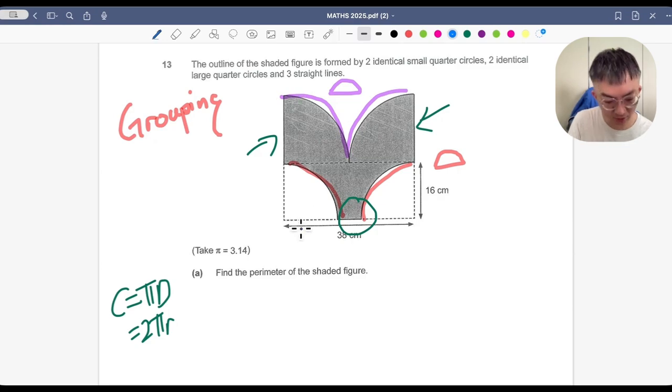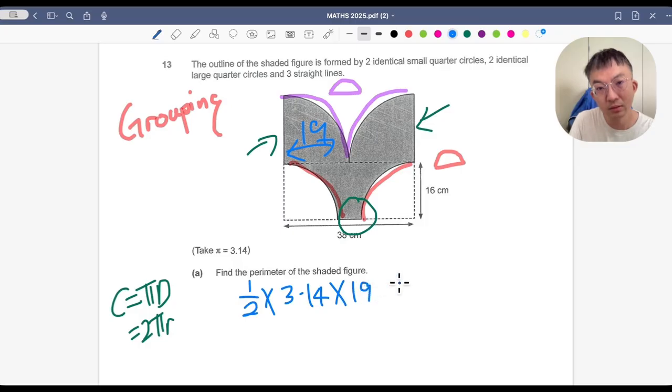For the bigger circle, the radius is 38 divided by 2, and you get 19. So instead of finding a quarter times pi d times 2 and then times 2 again, you can take half times 3.14 times 19 times 2, and that is 59.66 cm.